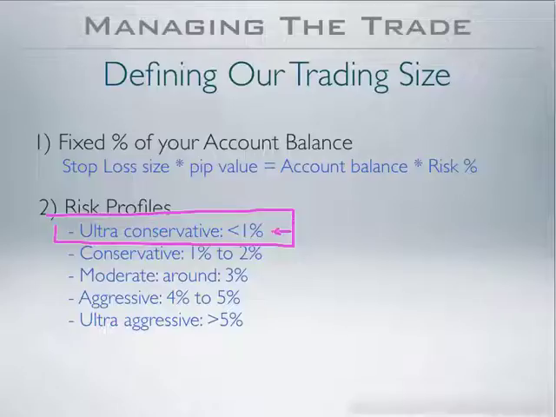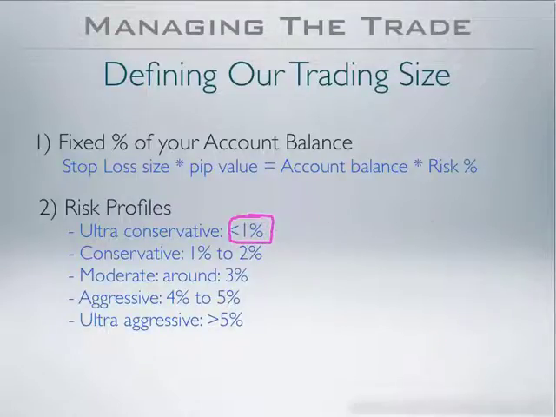The reason for that is because their account balance is massive. They trade millions of dollars, sometimes tens or even hundreds of millions as per their entire portfolio, and therefore they just don't want to risk too much money on each individual position, so they simply risk very little on every single trade.